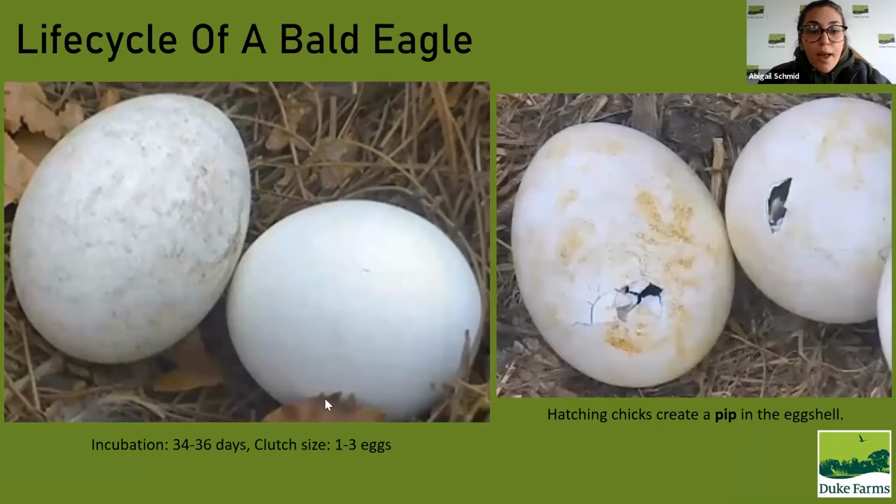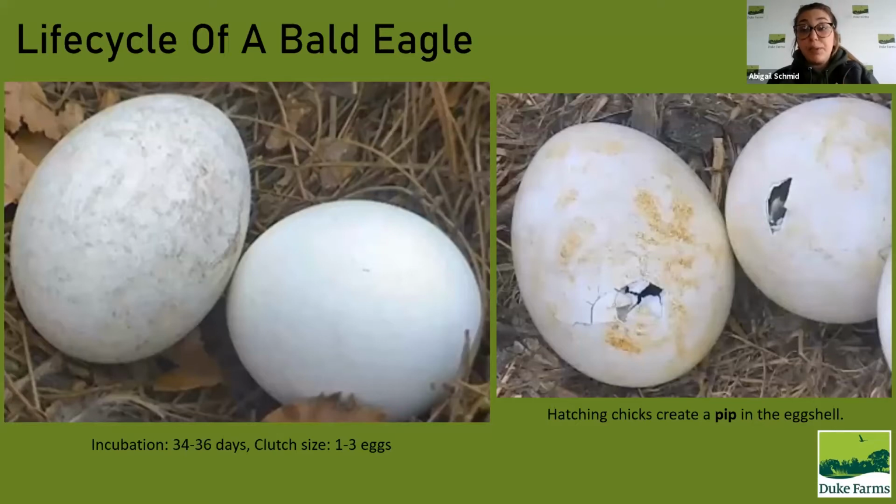Okay, so more egg photos. Here are two separate photos of two eggs that are in an eagle nest. The first one right here, we see that they're just normal eggs. The incubation period, so the amount of time that these eggs need to be sat on and warmed by their parents, is about 34 to 36 days. So that's just over a month.